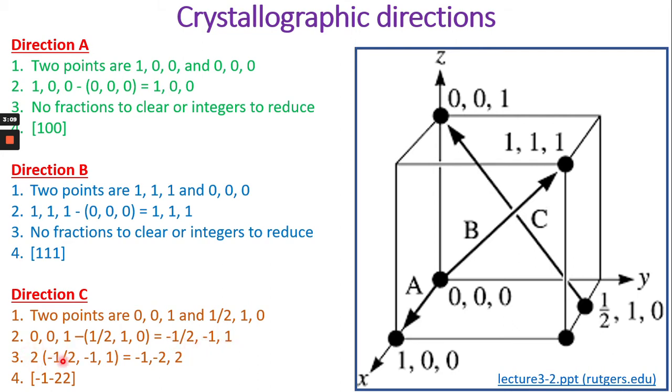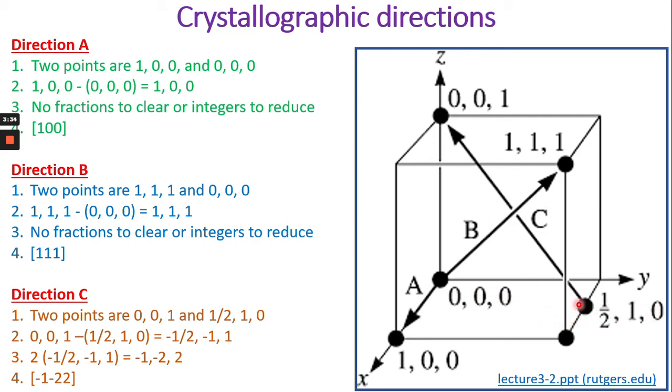Therefore, we need to clear the fraction to get the reduced value. So we multiply this number by 2. 2 times this, 2 times this, 2 times this. Basically that means minus 1, minus 2, 2. So minus 1, minus 2 and 2 is the direction.